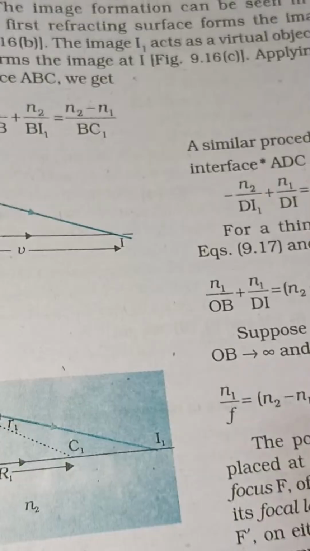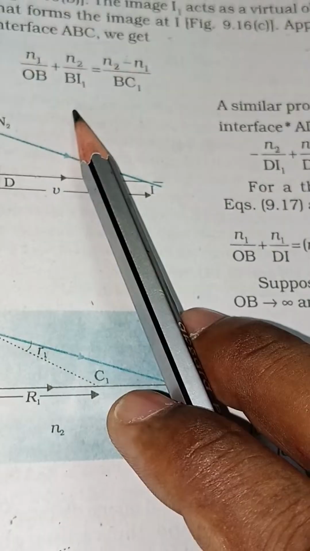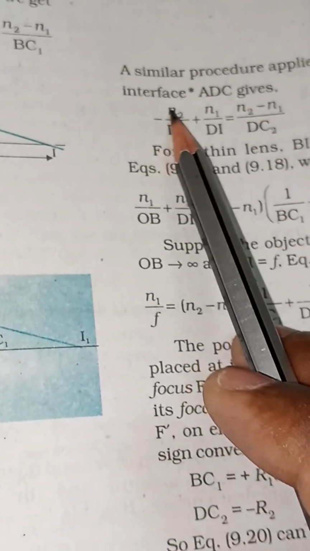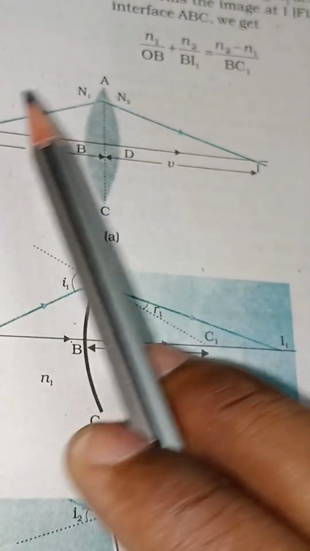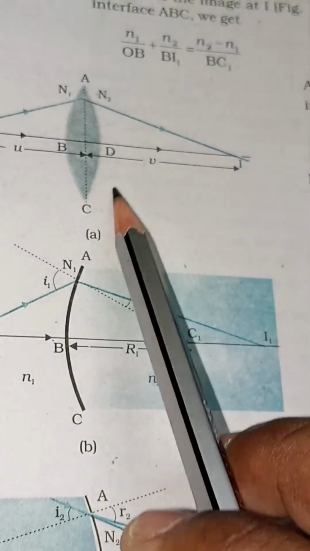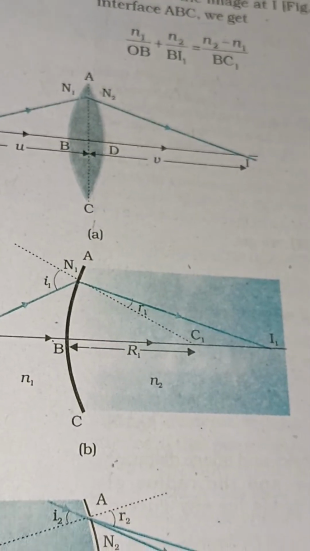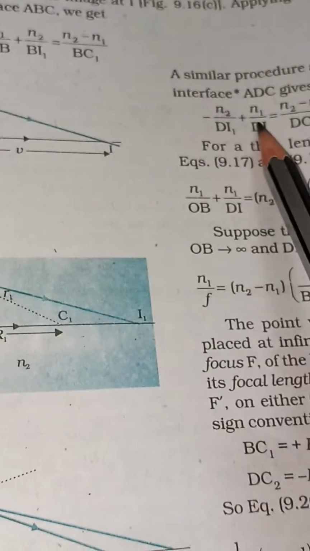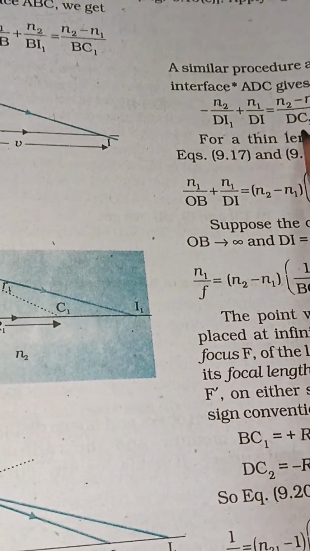Applying the formula, n1 upon OB plus n2 upon BI1 equals n2 minus n1 upon BC1. A similar procedure applied to the second interface ADC gives minus n2 upon DI1 plus n1 upon DI equal to n2 minus n1 upon DC2.